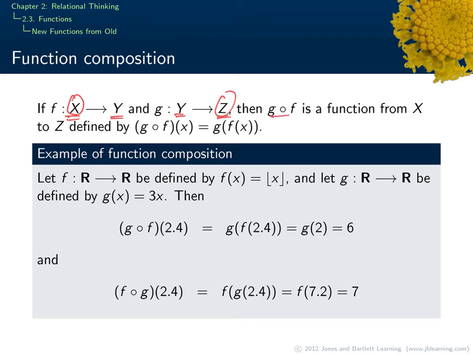So g circle f of x, to get that, you first apply f to x, and then you apply g to that result to get an element over in Z.